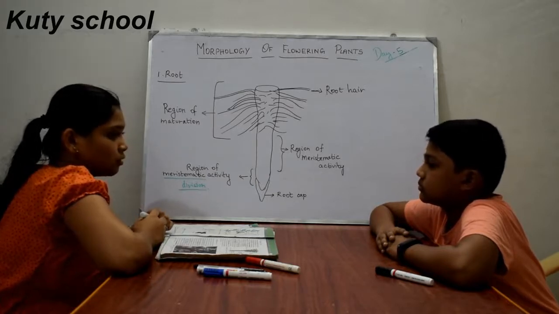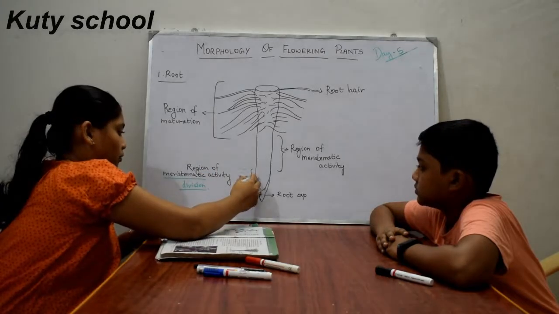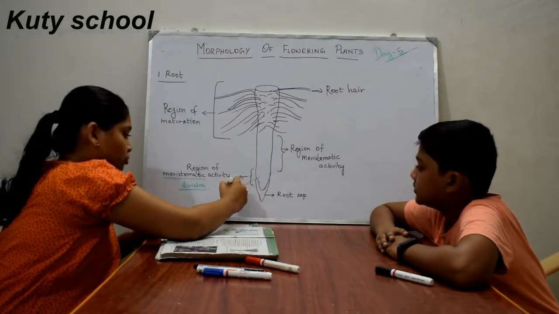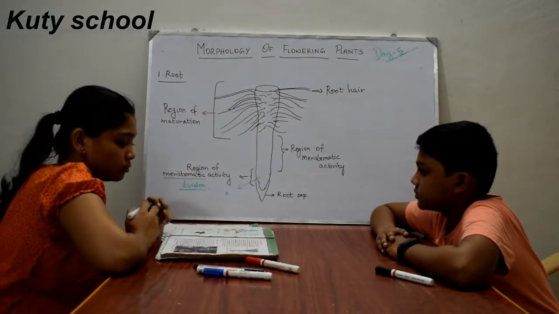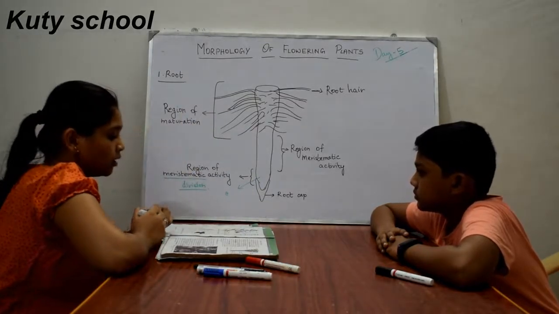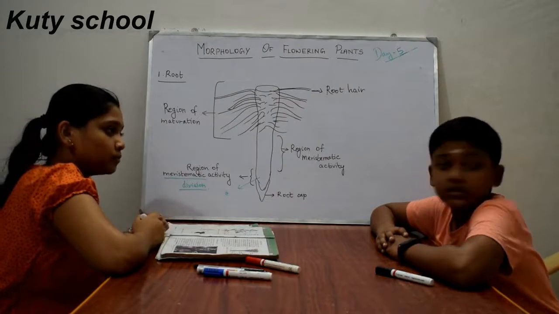The cells of this region are very small and thin walled, with dense protoplasm.